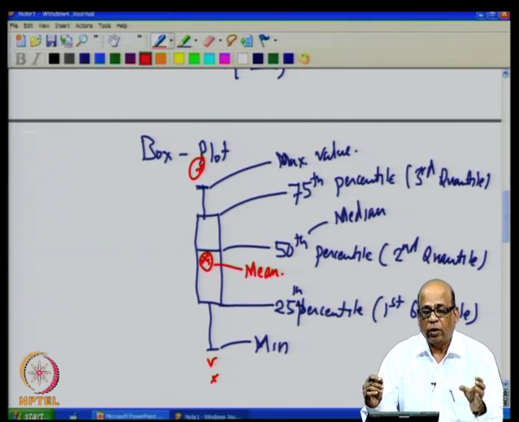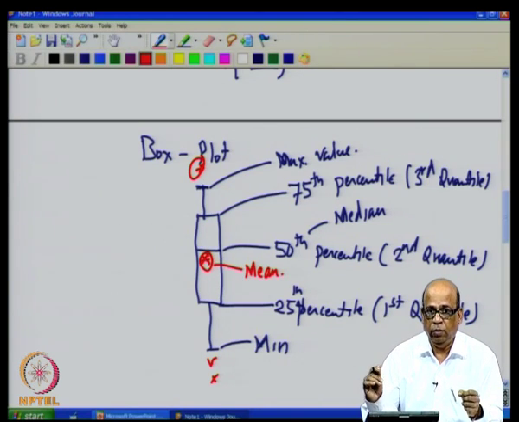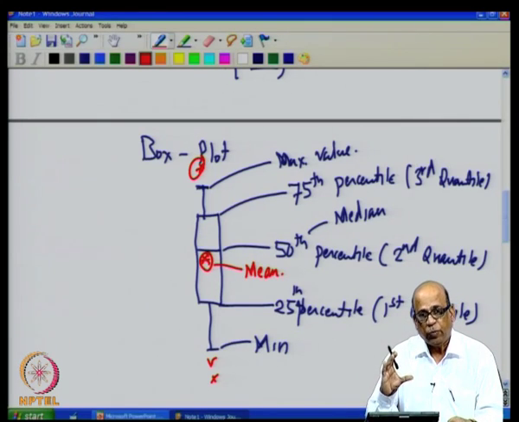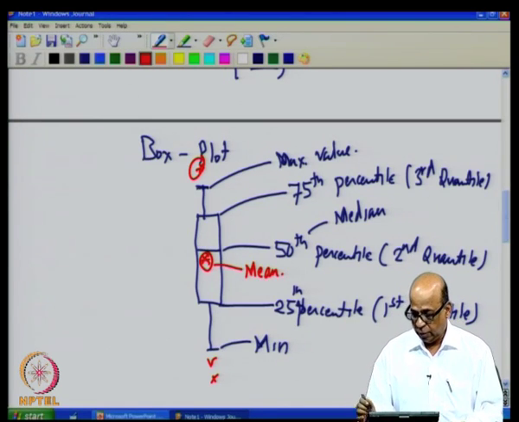Let us say you are comparing flows at a particular location with respect to flow at another location. Then once you plot this, you will know how the mean is changing, how the median is changing between the two places, what is the kind of maximum value that you can get from the two places, and so on. So, the box plots are very useful in doing any analysis using the data.